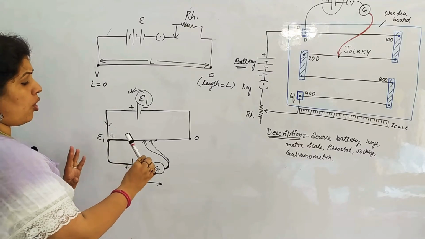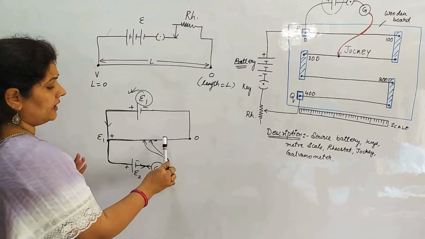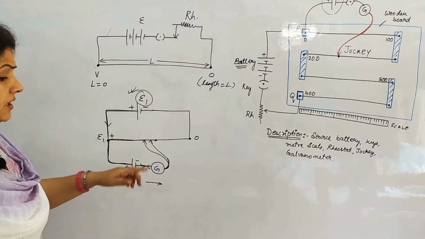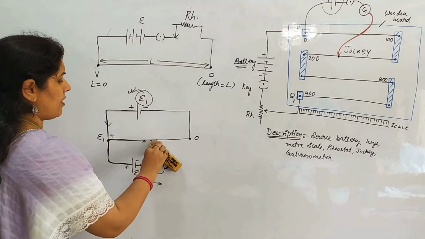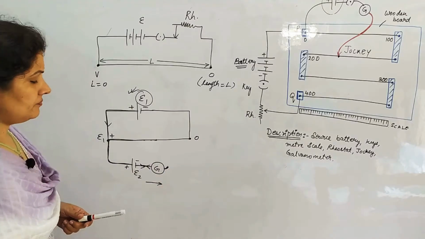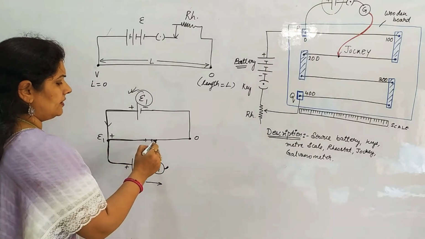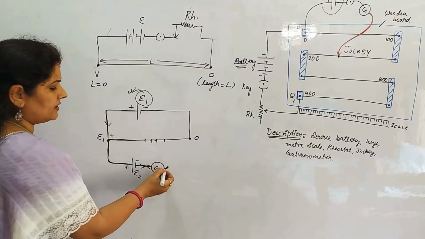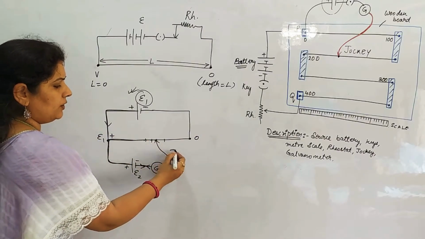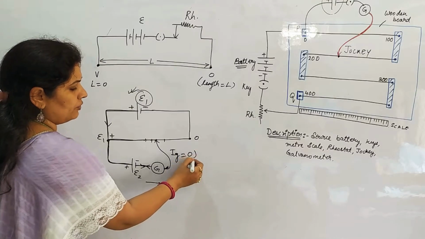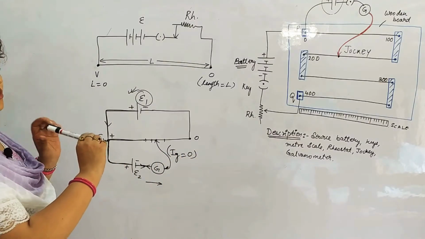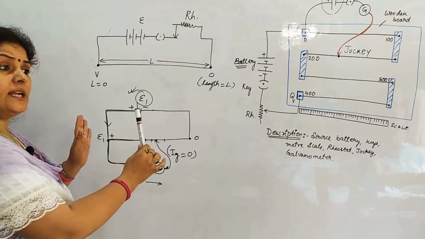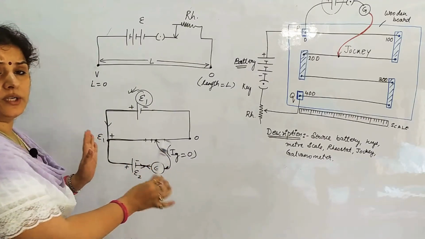Now trying all the positions here, here, here and here, we find a particular position. We have tried here, we have tried here, sometimes the deflection goes right, sometimes left, and after trying repeatedly we have found a point at which the deflection of the galvanometer becomes zero. Checking all the points, we found one such point at which the galvanometer current became zero.